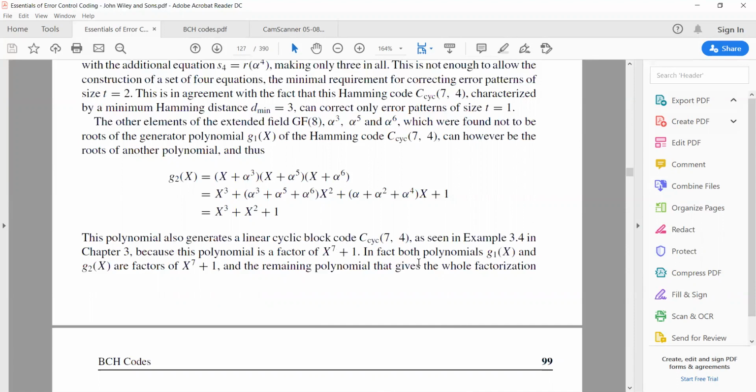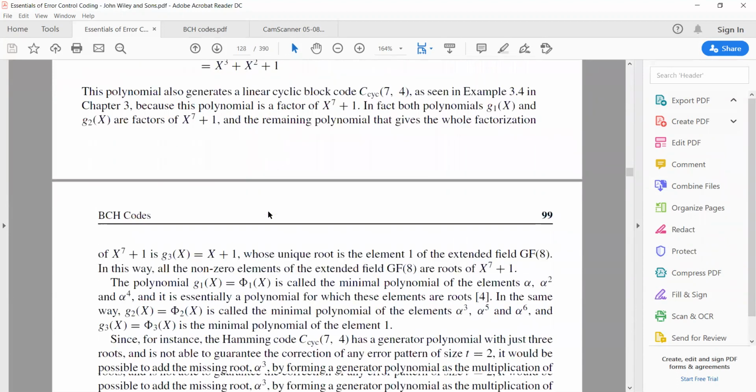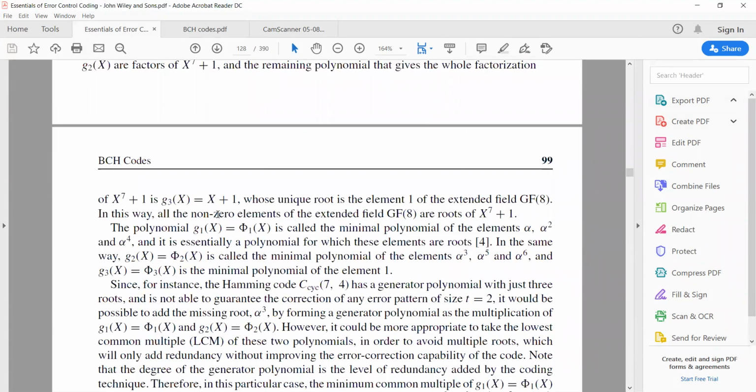In fact, both polynomials g1x and g2x are factors of this, and the remaining polynomial that gives the whole factorization, what was that? g3x equals x plus 1, whose unique root is element 1 in the extended field.